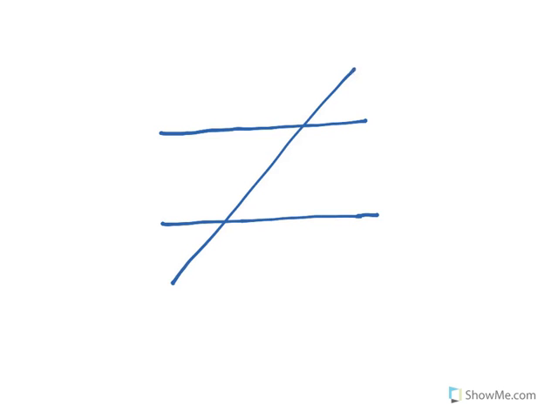One other important topic, and we're almost done here. Let's say you had two parallel lines, and you have one line intersecting both of them. It's called a transversal. Transverse means to cross over something.